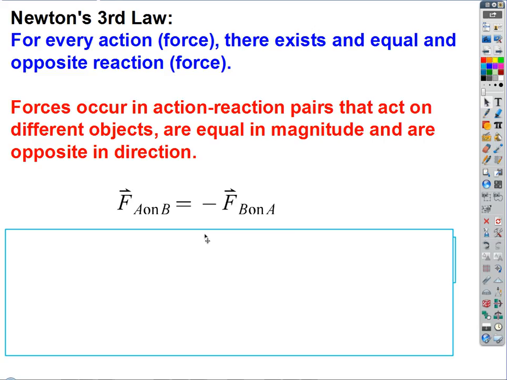So if we label an action force, let's say, as F, the force of A acting on B, then the reaction force is negative F, the force of B acting on A. For example, if the action force is Earth pulls on ball, then what's the reaction force?